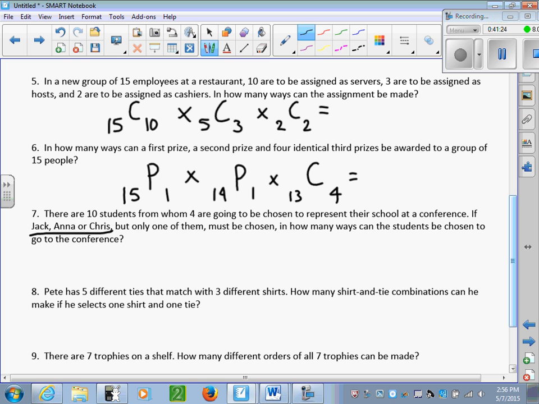So the first one is I have 3 students: Jack, Anna, or Chris, and I'm choosing one of them. At least one of them will go to that conference. Then after that, none of those 3 can be chosen, so I only have 7 students to choose from, and I'm choosing 3 of those 7 that are left over.